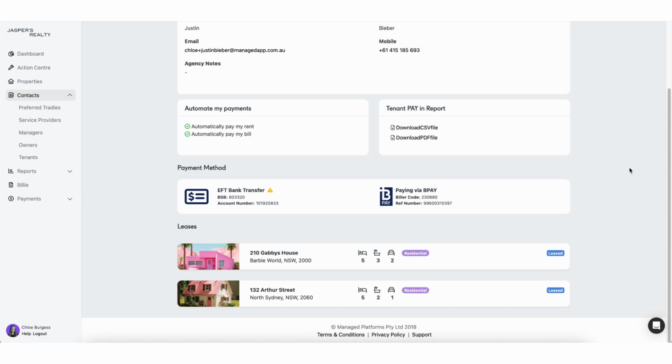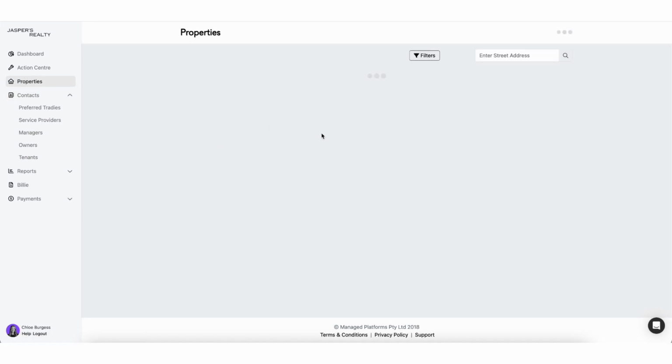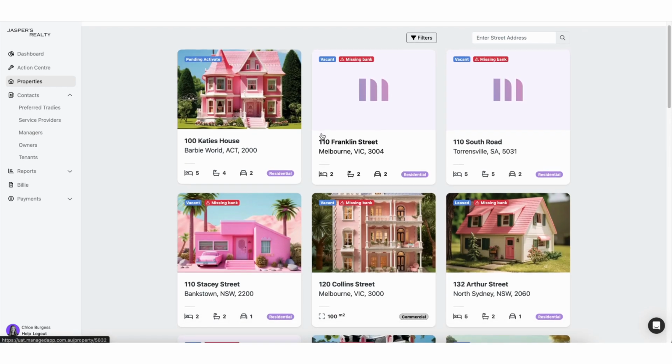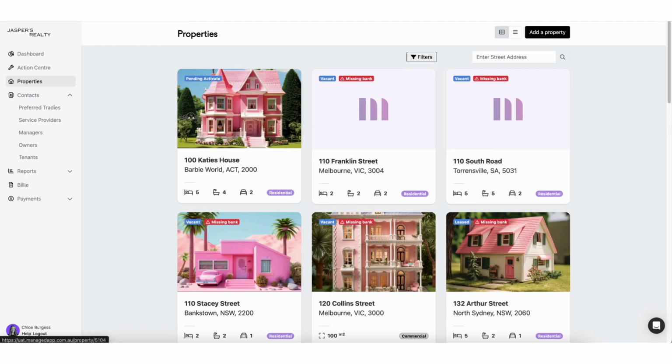Now, from a property manager's point of view, how would you know if that is the case? If you were to take an owner's email, or a tenant's email that is an owner, and add them to a property, you would get an error code looking something like this.